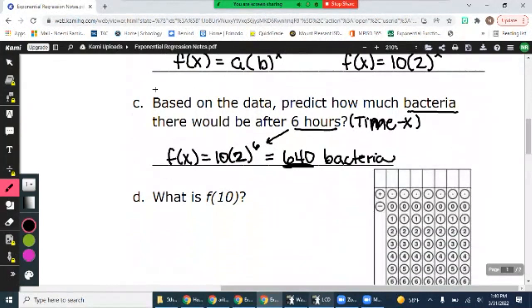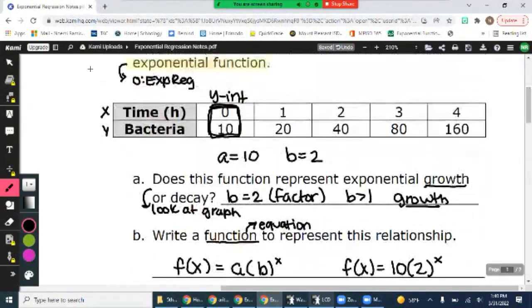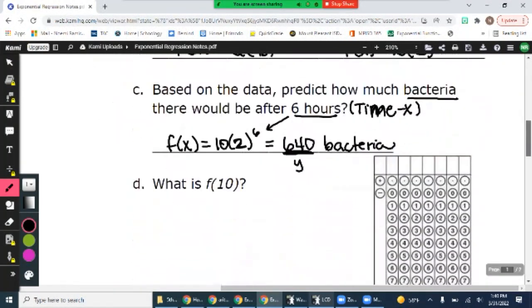You know that 640 is a y value because they gave us x, and your y values are here. So it's going to use this as the description, 640 bacteria. You could always use that to help you as well.